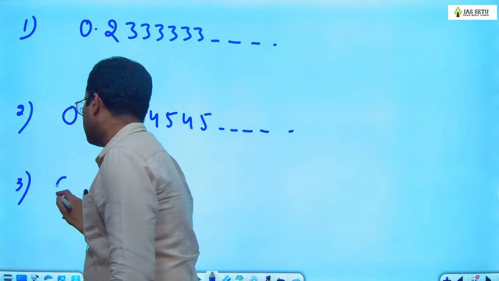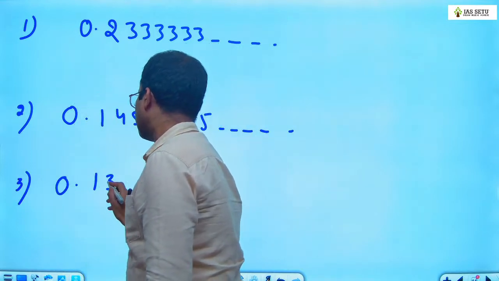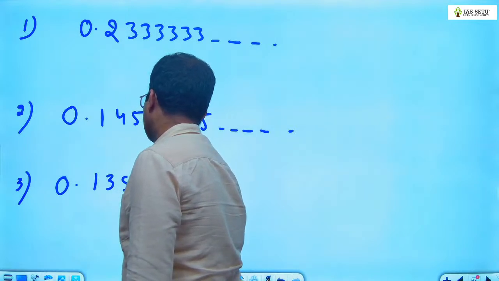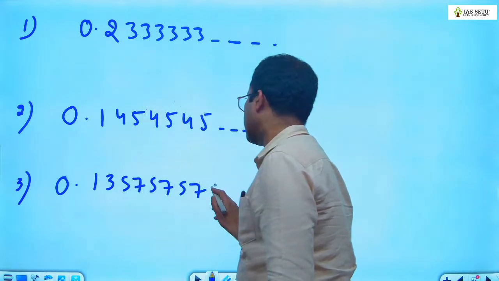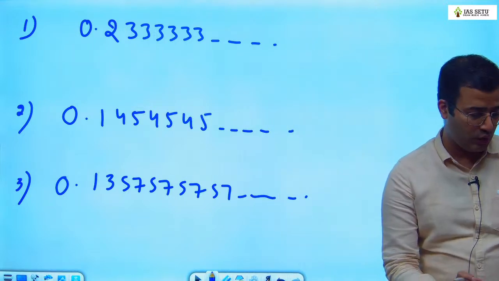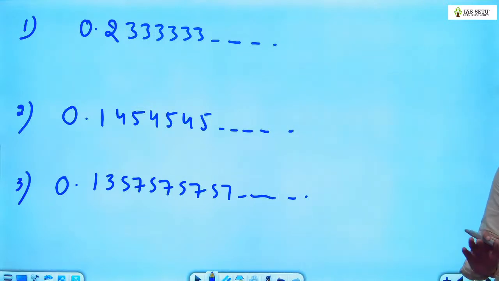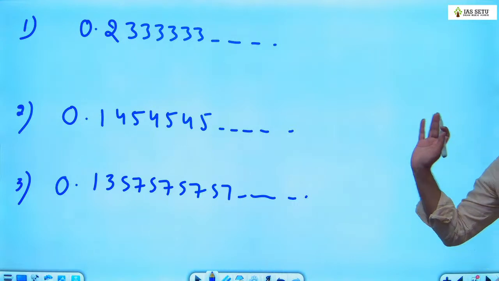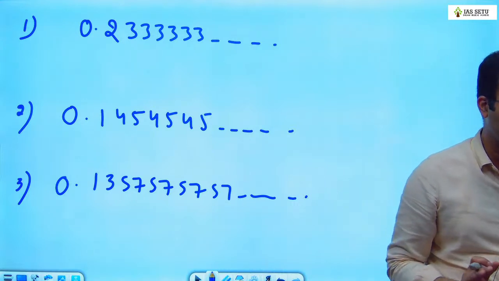Third example, 0.135757. Go slow, step by step, try to solve these 3 questions.